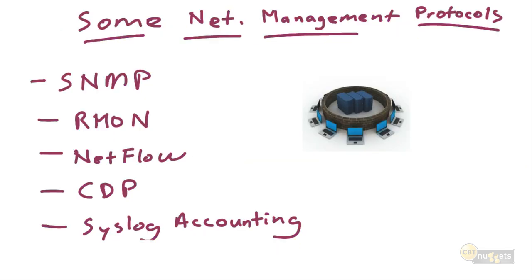So in this nugget, we took a look at some of the most important, some of the most popular network management protocols. We took a look at Simple Network Management Protocol with its managed devices thanks to an SNMP agent, and of course that database of variables called the MIB.